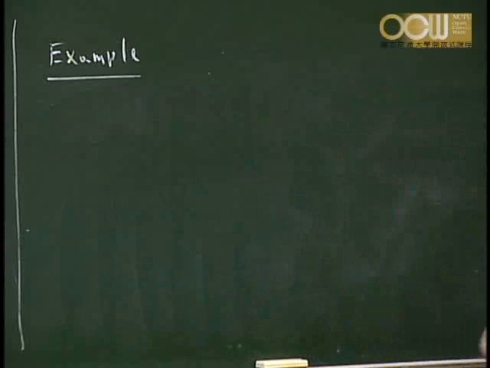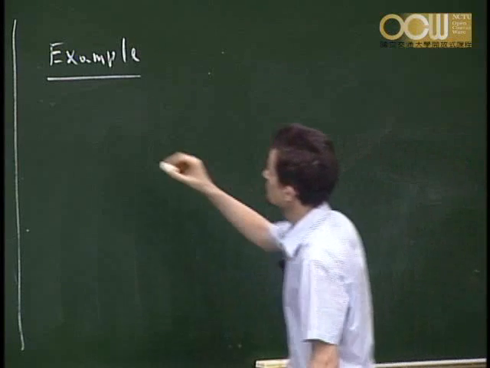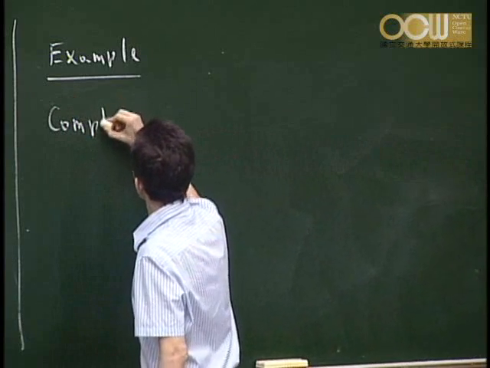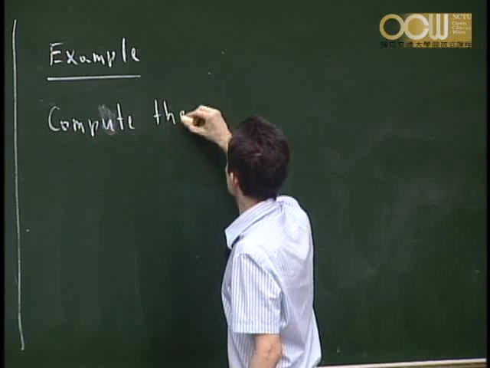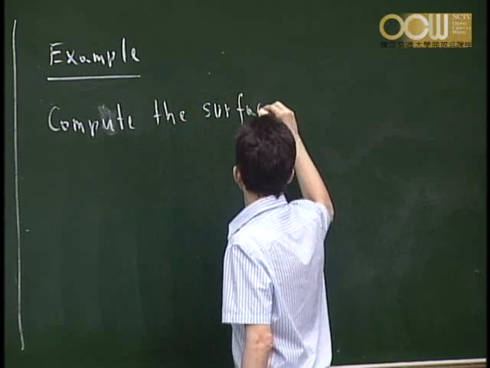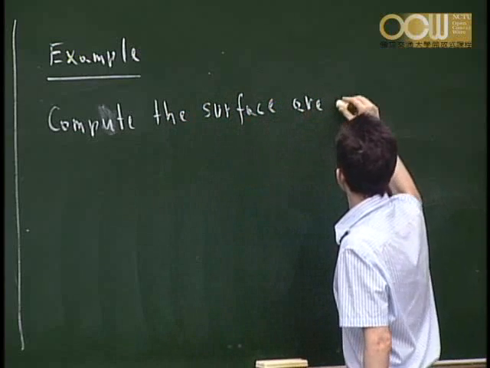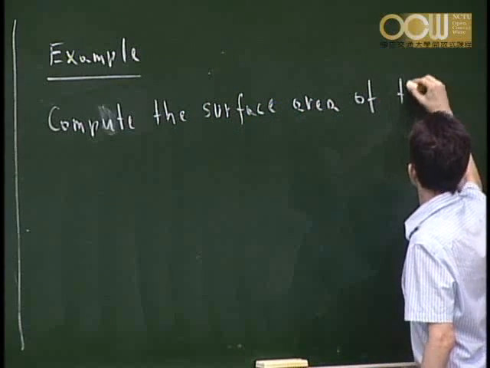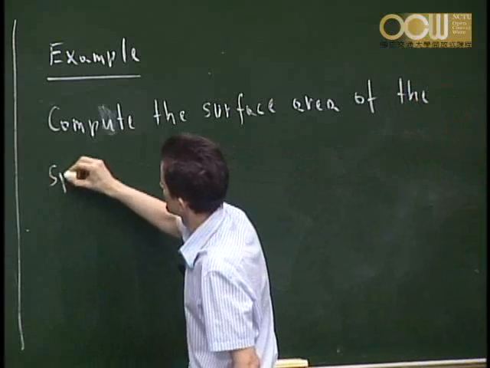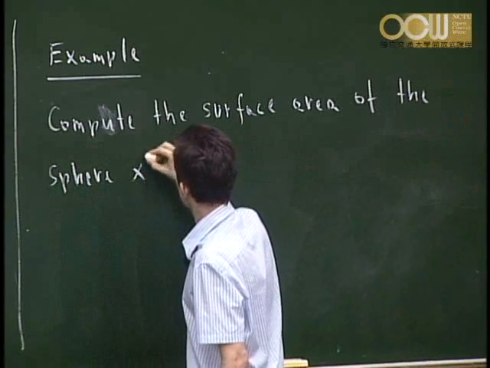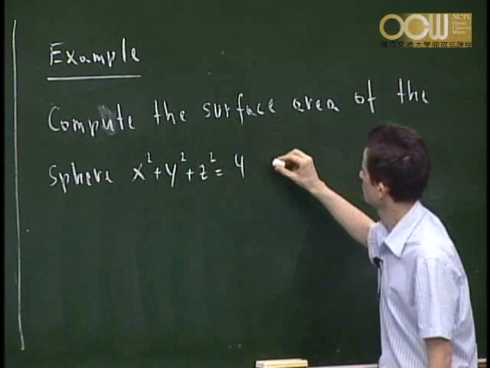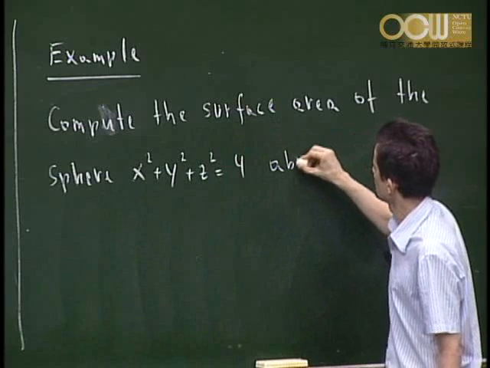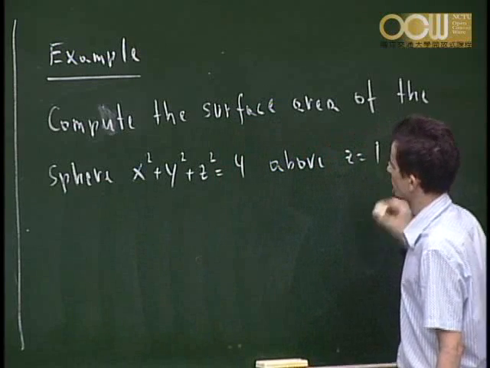So for instance, if we are interested in computing the surface area of the sphere x square plus y square plus z square is equal to 4 above z is equal to 1.